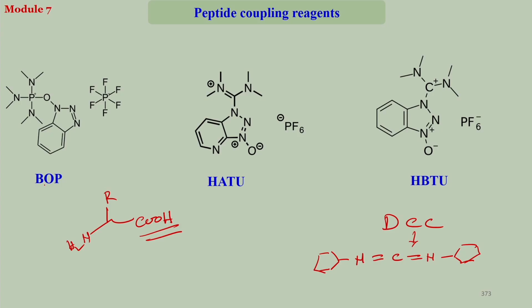This is BOP, which has a phosphorus atom here with a positive charge, and then fused with a 6-membered and a 5-membered ring, and the 5-membered ring is with the 3 nitrogens, right? So it's an aromatic kind of compound. This is BOP. This is HATU. HATU has again this kind of structure, with the electron deficient nitrogen. Here obviously there are charged species, most of them.